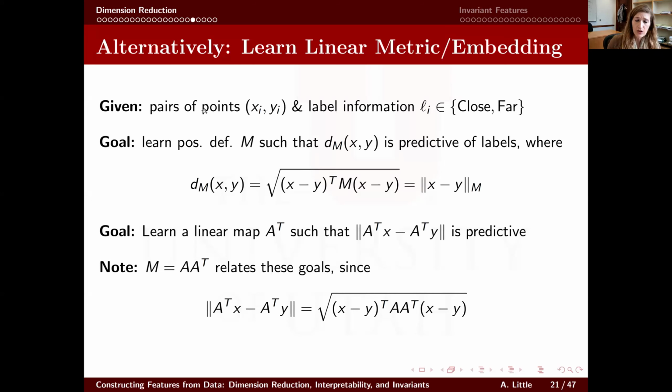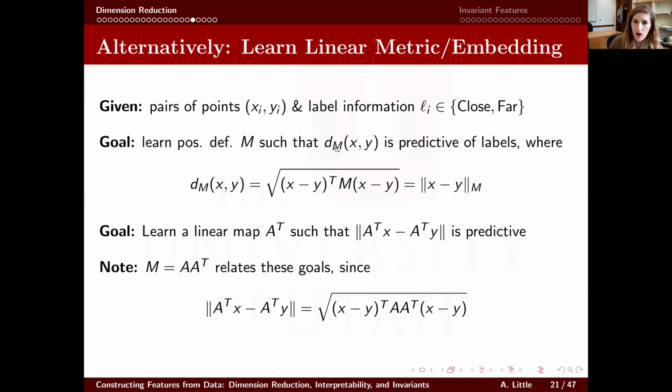So you can think about the setting where you're given pairs of data points, let's say xi, yi, and then you're given label information along with those data points that says these points are close or these points are far. So you have a bunch of pairs of points labeled close or far, and the goal is to learn a positive definite or positive semi-definite matrix M such that dM is predictive of these labels.